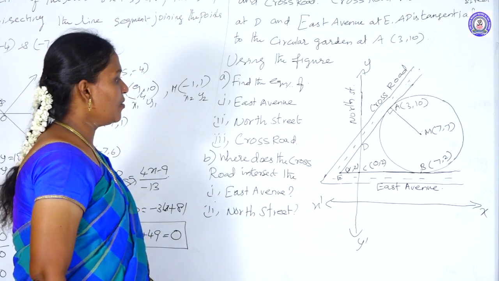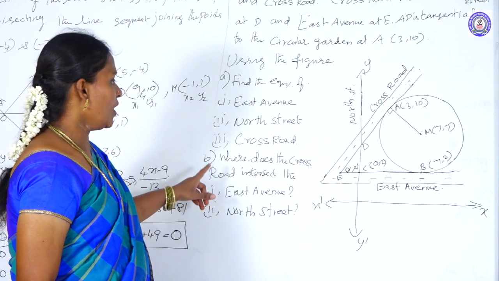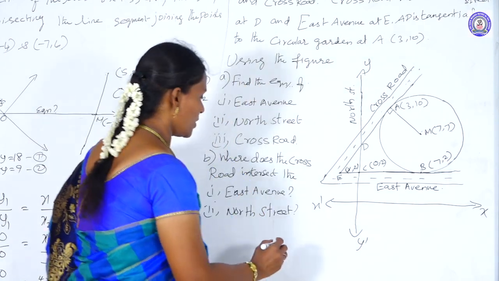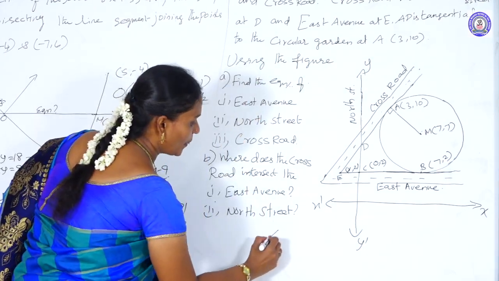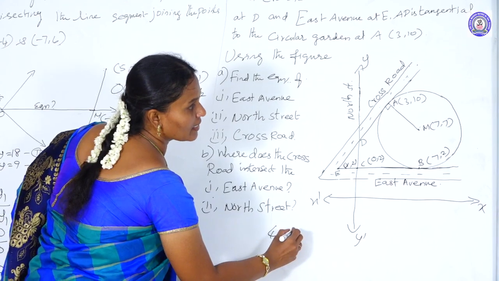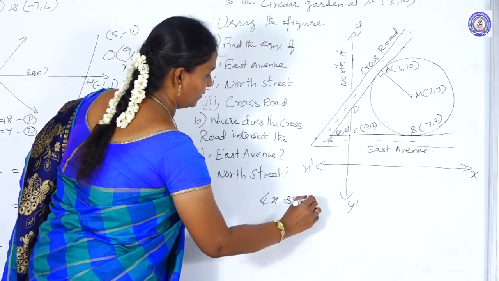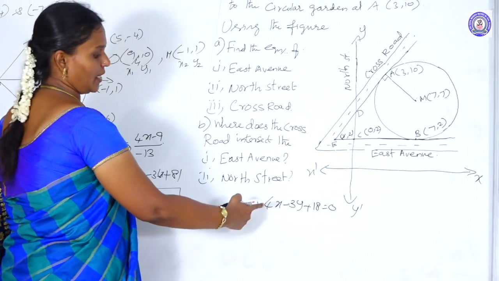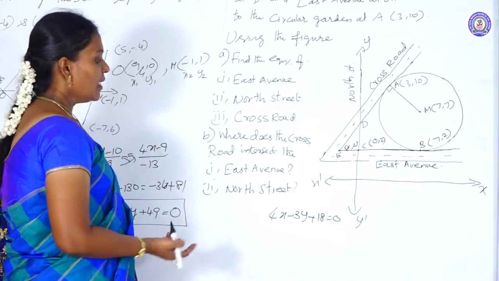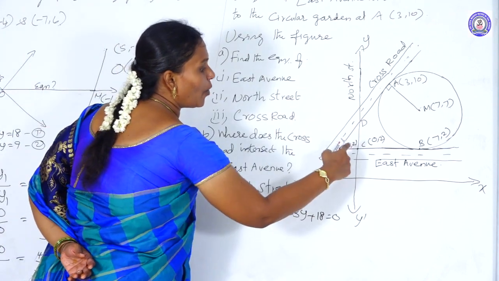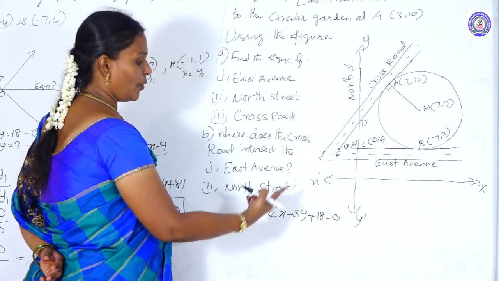How do you find the x coordinate? You know the equation of the crossroad: 4x minus 3y plus 18 equal to 0. In this equation, you substitute the y coordinate, which is 2.